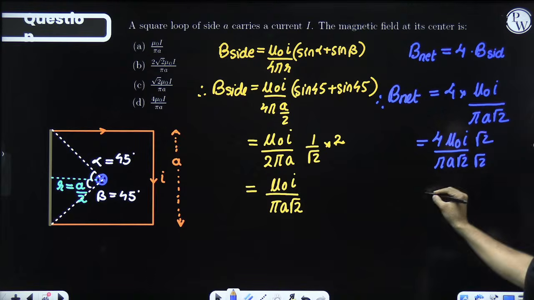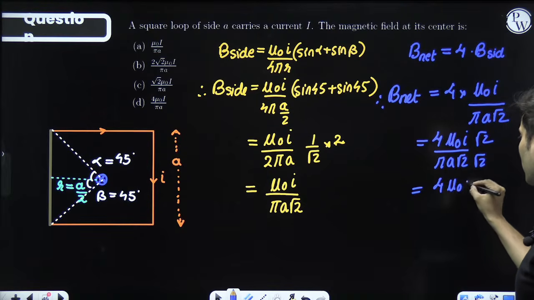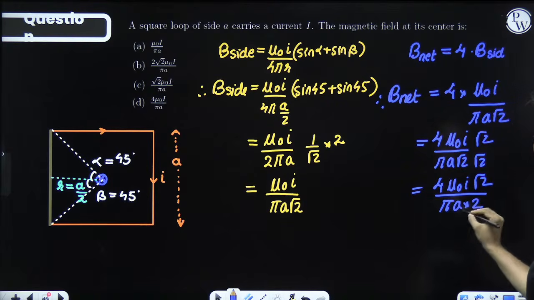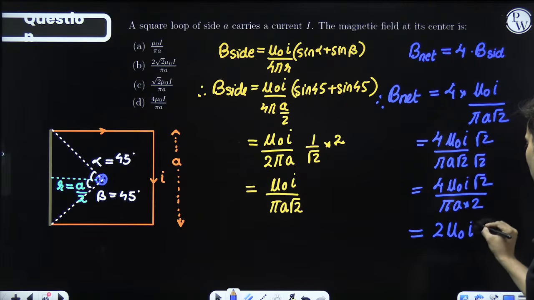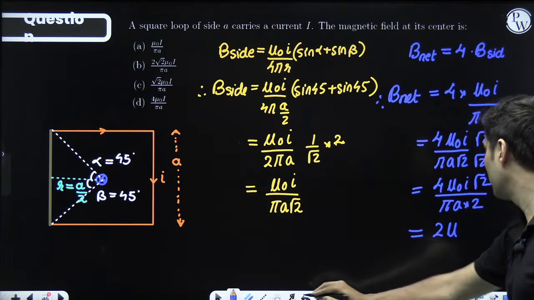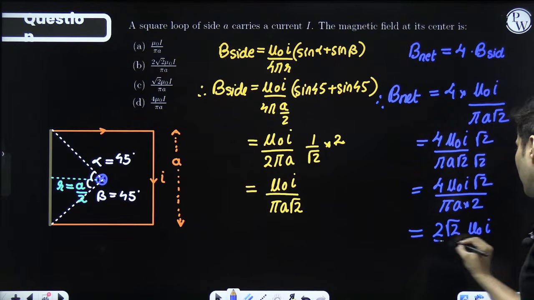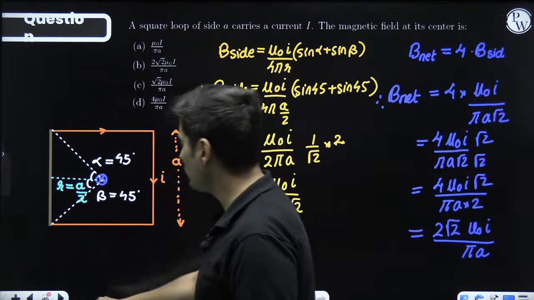Rationalize it: root 2 into root 2 will become 2. So 4 times mu naught current into root 2 divided by pi a multiplied by 2. 2 and 4 will cancel, so it will become 2 root 2 mu naught current divided by pi a. And I think that is there as option B.